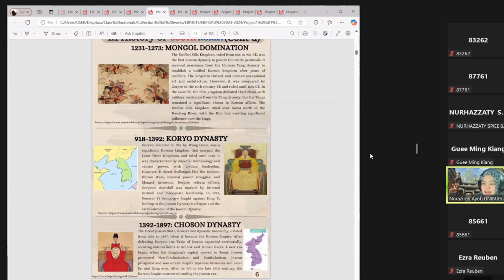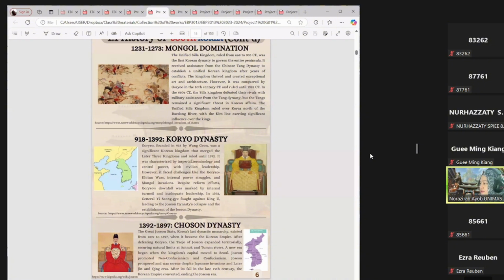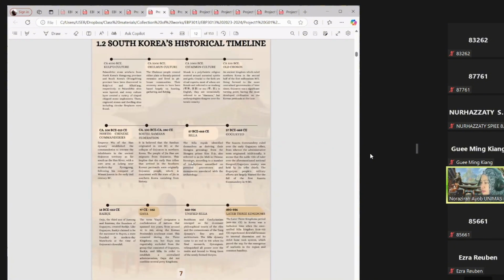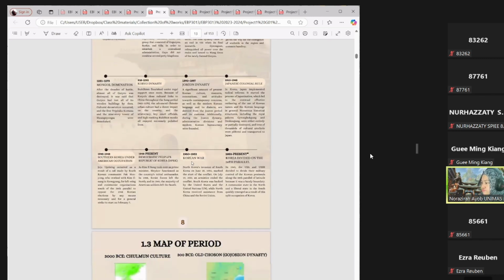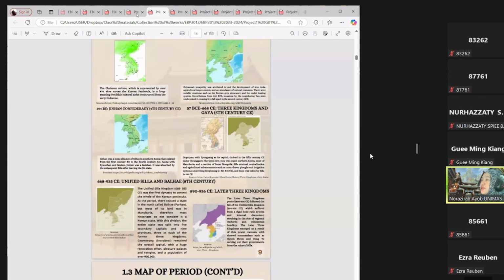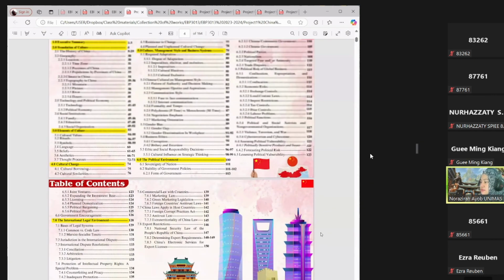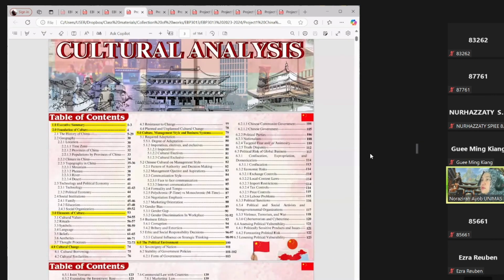Betul tak? I bet you have seen this dynasty. So this is Korea. This one is the same, this is China.